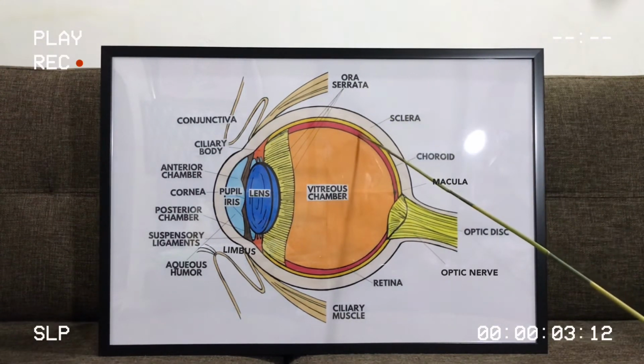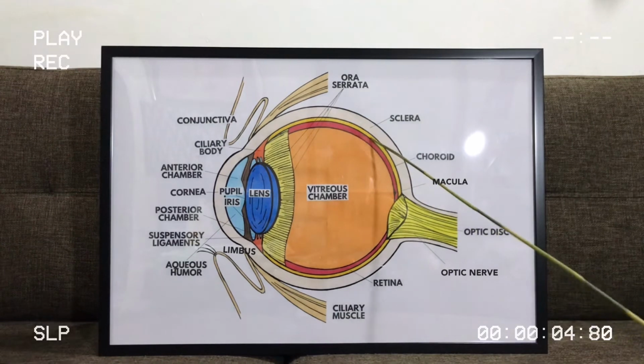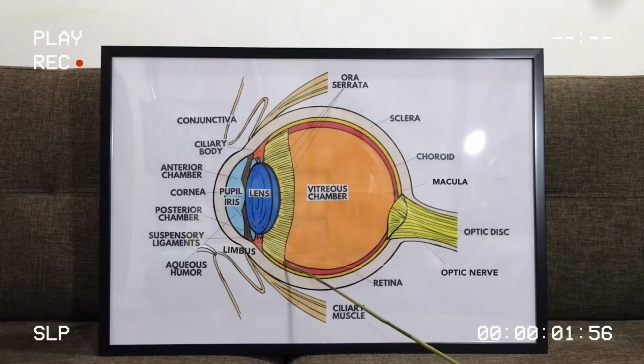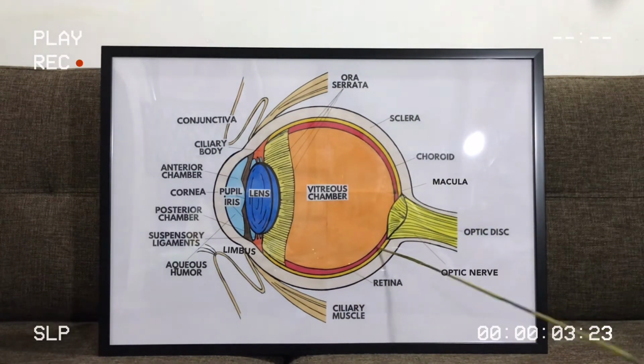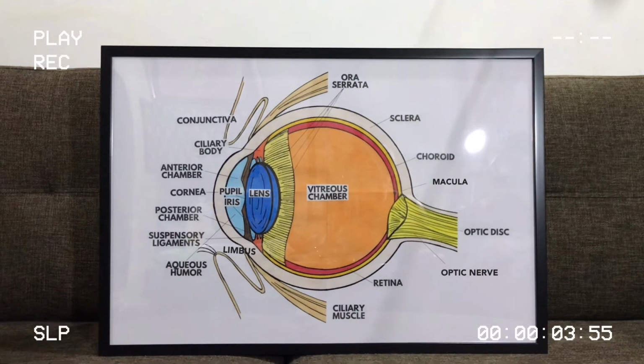The retina, on the other hand, or the red layer, is a thin, transparent structure that covers the inner wall of the eye. The purpose of the retina is to receive light that the lens has focused, convert the light into neural signals, and send these signals onto the brain for visual recognition.